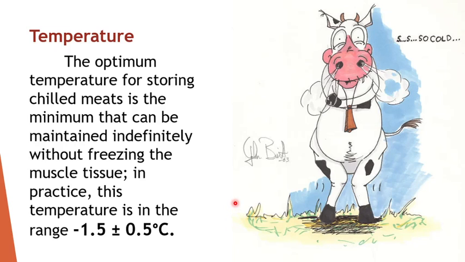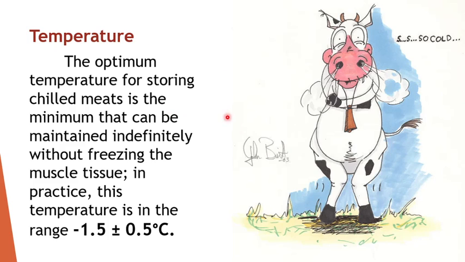Another thing that affects the color of meat is temperature. Now we have here the optimum temperature for the storing of chilled meat. So this is the minimum temperature that can be achieved wherein you do not damage the tissues of our meat. Remember, if you're going to freeze your meat or even your fruits and vegetables, tissue damage is being done because of the freezing process.